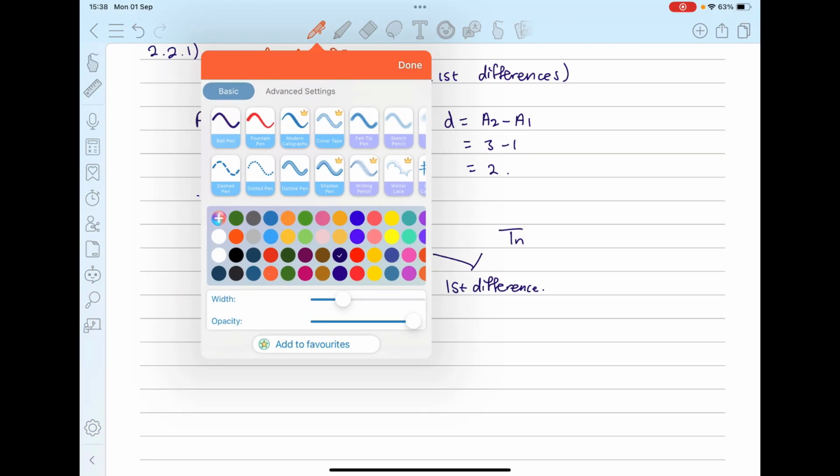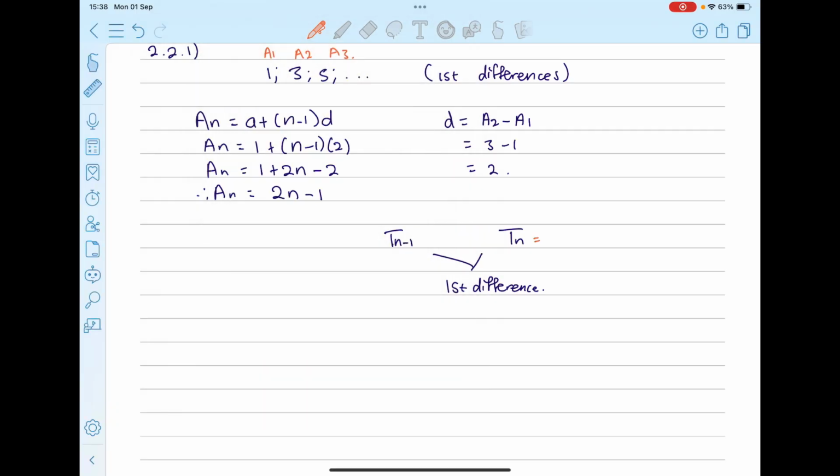And in our scenario, Tn is equal to T99, and here this will be T98. And then for the first difference, we were given the equation An is equal to 2n minus 1. All right, so if we can get this in, we can then subtract it from T99, and then that will allow us to get the value of the 98th term.